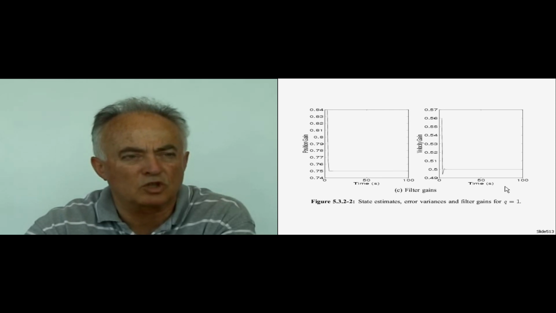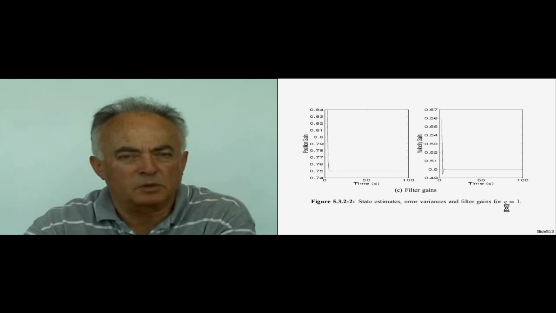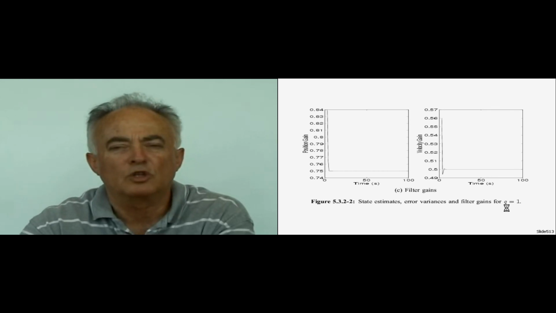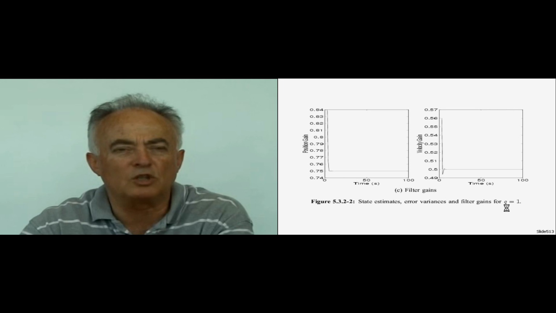Now this is the case Q equal 1, which means that we have process noise. It is non-zero, and you can check that the pair F and square root of Q, or gamma Q, turns out to be completely controllable, which means this noise, which enters as acceleration into the velocity, modifies the velocity, continues, propagates into the position, so the noise really enters into each state, either directly or indirectly.